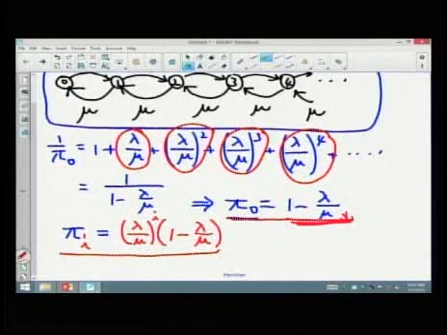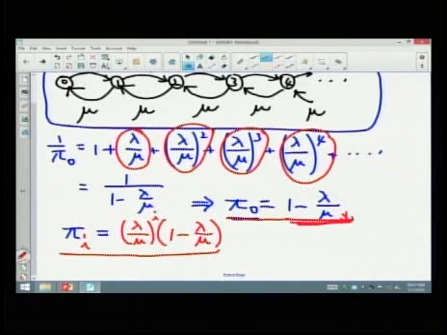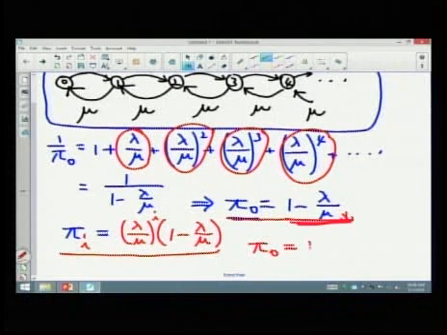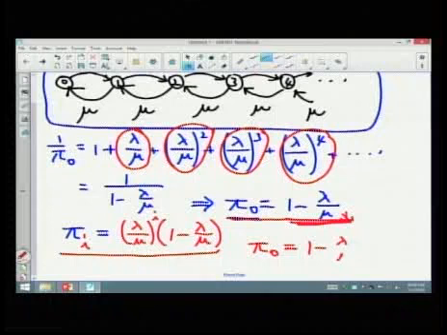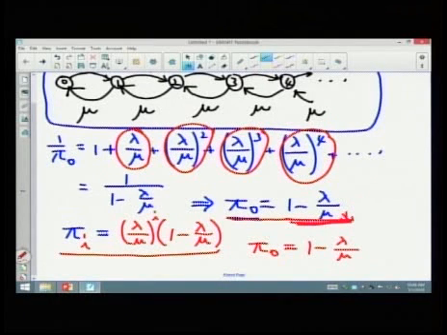Okay, then let me ask you, what is the probability that no customers are in the system, so that the server is idle in this MM1? Keep in mind that there is only one server. What is the probability that the server is idle? Pi 0, right? So I'd say pi 0 is the probability that the server is idle, which is 1 minus lambda over mu in the MM1 system.